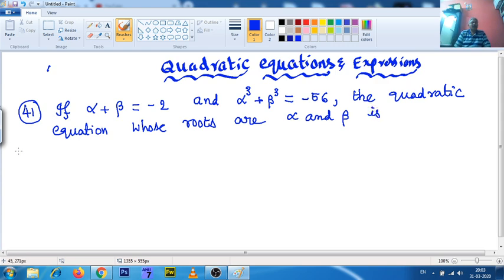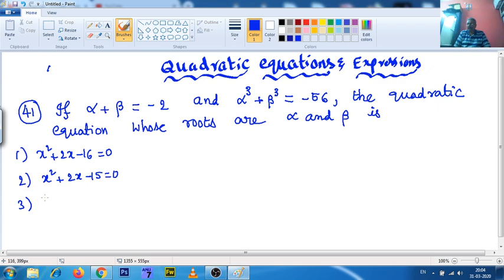Now the first option we have x square plus 2x minus 16 equals 0. Second option we have x square plus 2x minus 15 equals 0.